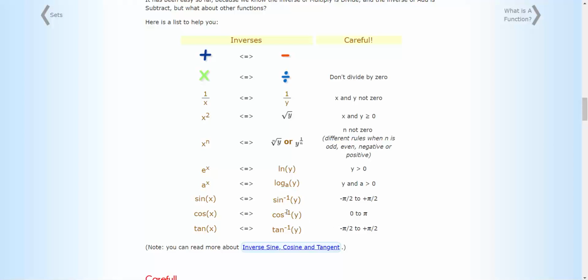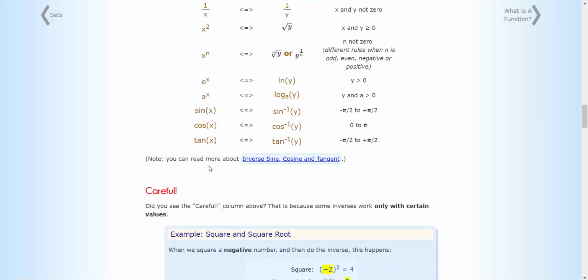I don't think we should memorize all this, except maybe the logarithm: the inverse of the logarithm is the exponential, and a to the power of x is the inverse of the logarithm base a of y.